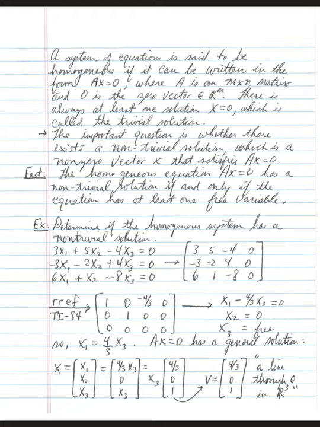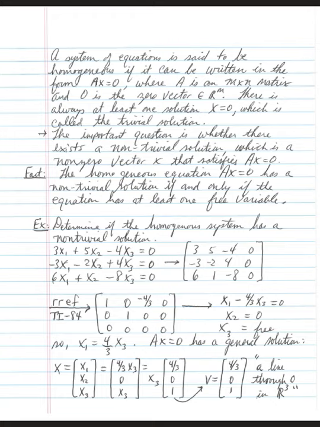The homogeneous equation AX equals 0 has a non-trivial solution, meaning something other than all zeros, if and only if the equation has at least one free variable. That means one of your variables doesn't have a designated numerical value. We looked at that a few videos ago.